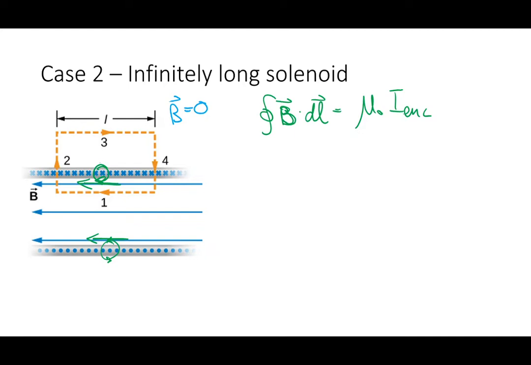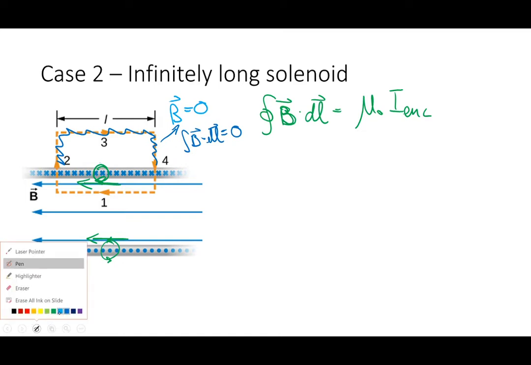When I do this integral, I'm cutting it into different segments, and each part I do separately. Let's do the easy part first. For these parts, because your B is equal to 0, your B dot dL integrated around here would also be 0. So we can just ignore those parts.